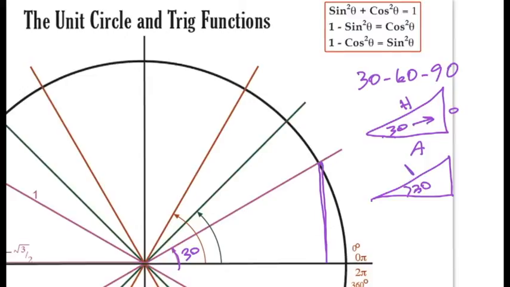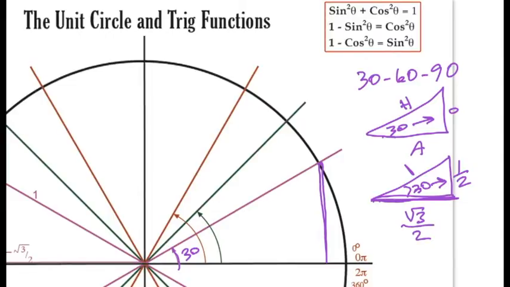Now, the relationship between the sides of a 30, 60, 90 triangle is that my short side across from the angle is half of the hypotenuse. So it is 1/2. The long leg, which is the adjacent side, is going to be the square root of 3 times the short side. So that makes it the square root of 3 over 2.